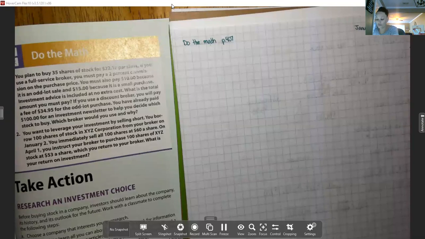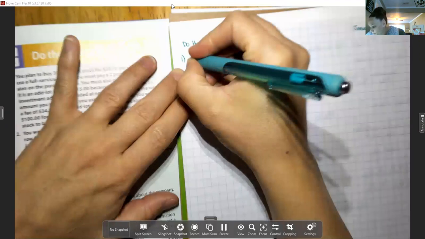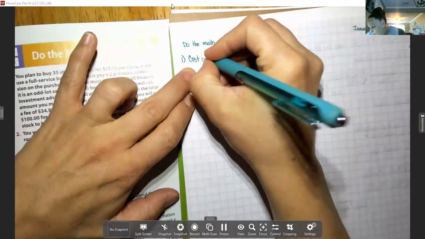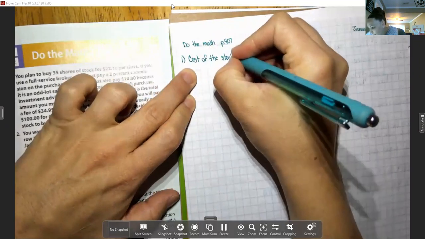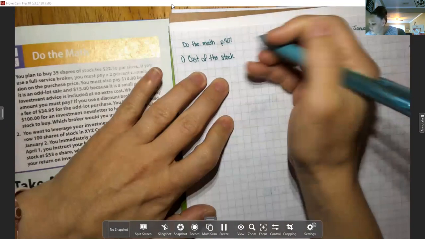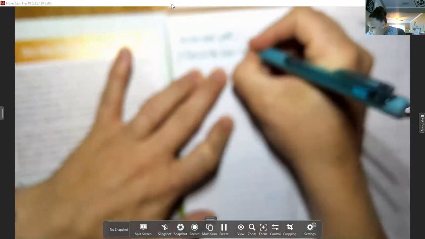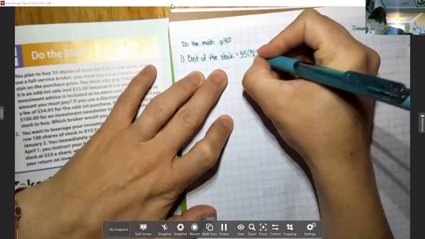All right, so getting started here. The cost of the stock. Let's just start with that. How much money are you going to spend if you buy these 35 shares? So you're going to buy 35 shares at $22.18 each.